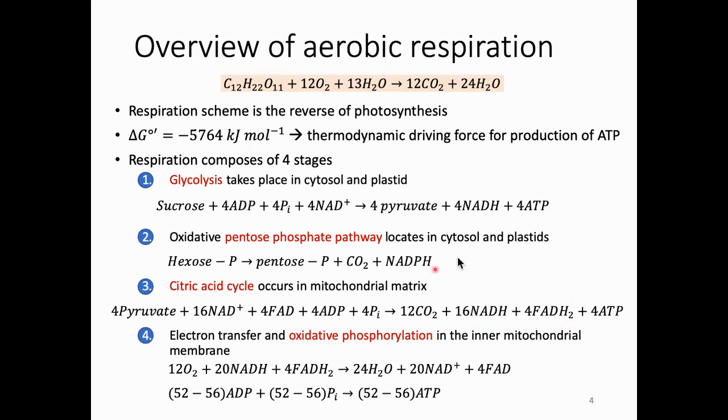And these reducing powers, NADH, NADPH, and FADH2, will enter the mitochondrial matrix or the inner mitochondrial membrane in order to pass their electrons through electron carriers to generate ATP. And ATP generated through this pathway we call oxidative phosphorylation.